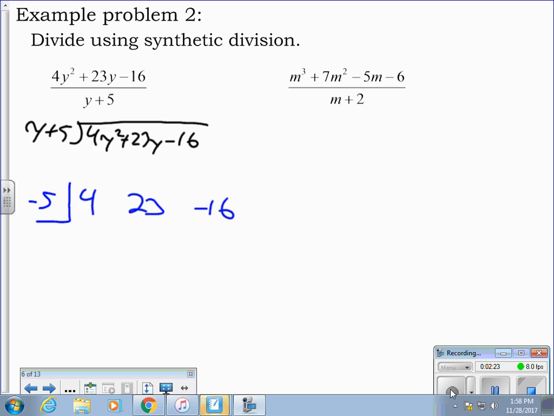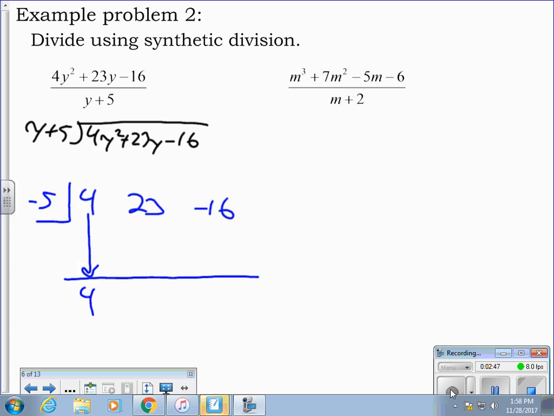Okay. Draw a line, leaving space to do work. Okay, you with me so far? Okay. This first number, you just bring it down. 4. Just take that first coefficient and bring it down. You don't make any changes.